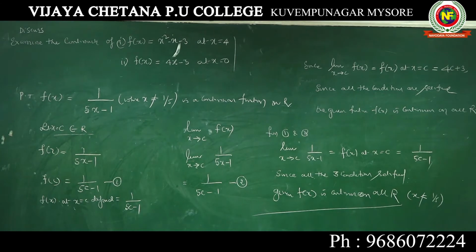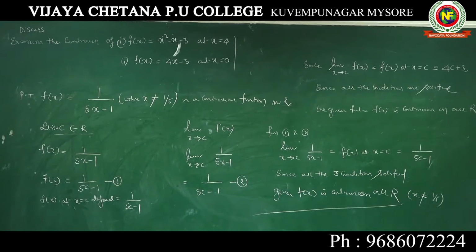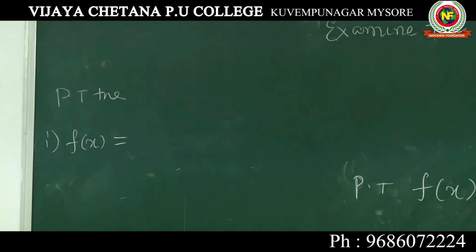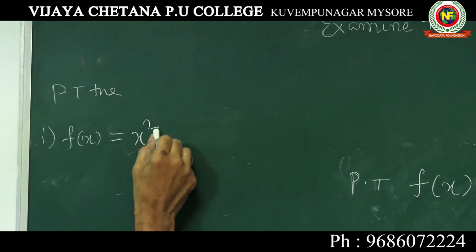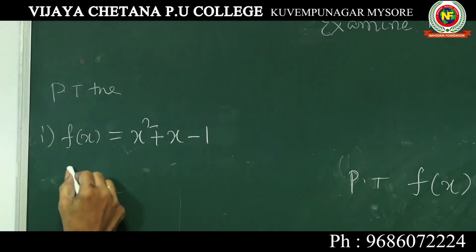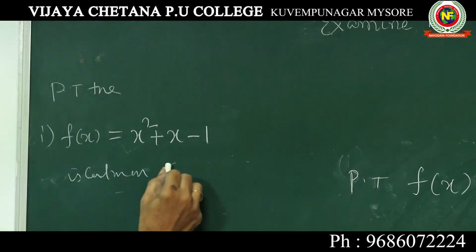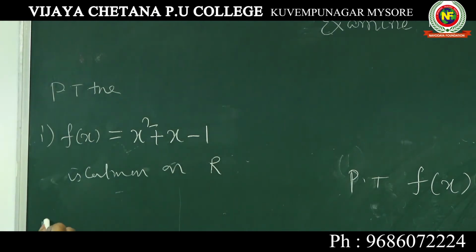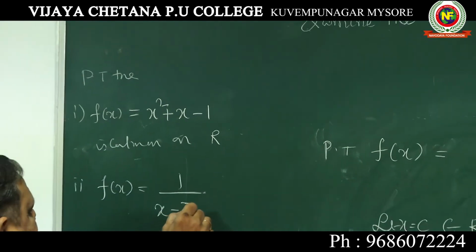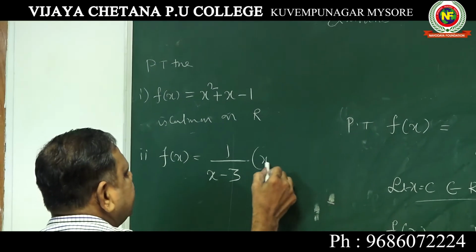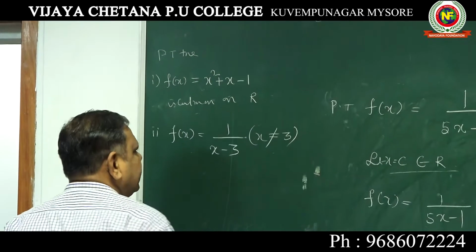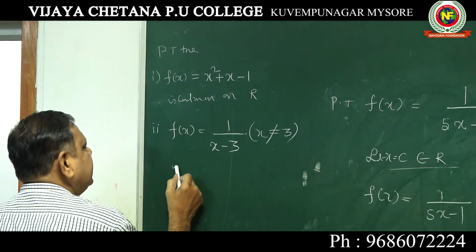Prove that f of x is continuous. Please take down. Focus. First, f of x is equal to x square plus x minus 1 is continuous on R. Second, f of x is equal to 1 over x minus 3, except x is not equal to 3, is continuous.